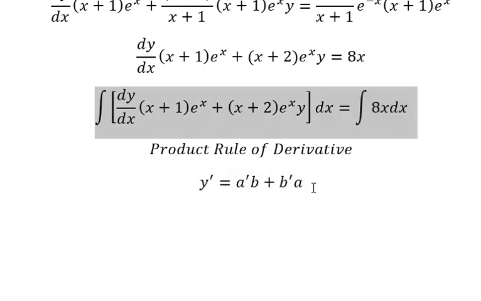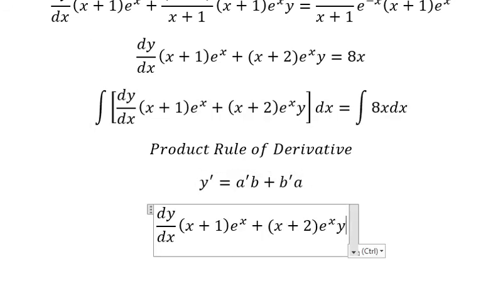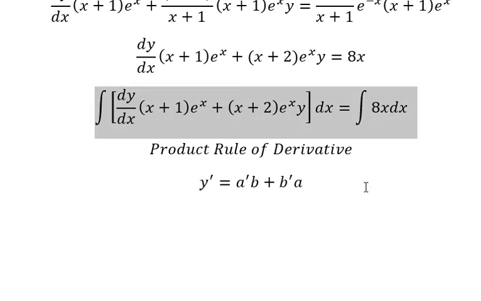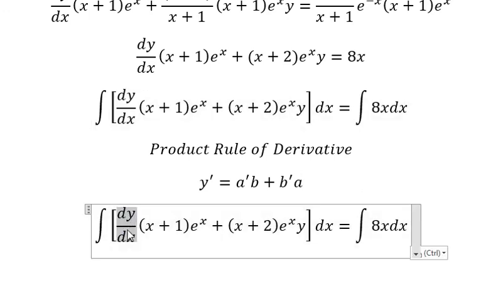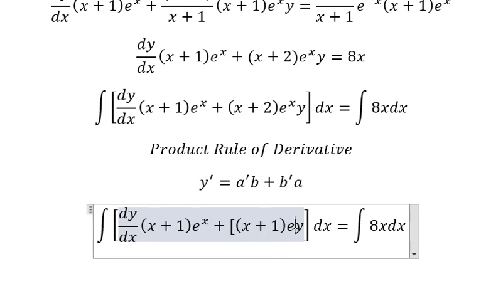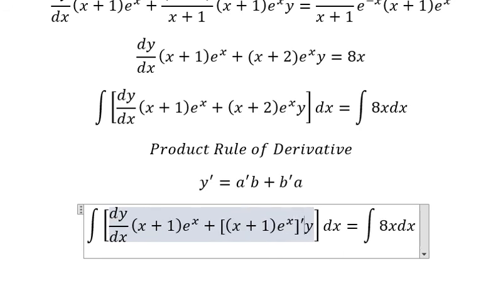So if we look carefully at this one, we have the first derivative of a multiplied by b. This one is the first derivative of b multiplied by a.